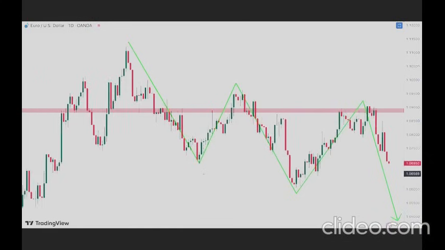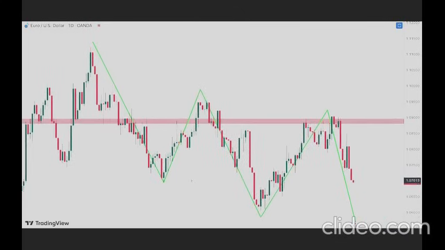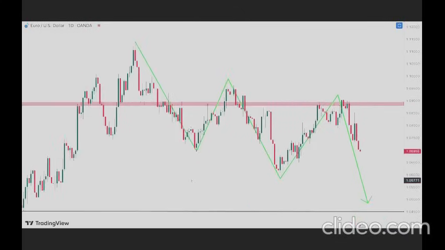As you can see, these show a clean downtrend, so we expect the market to drop.